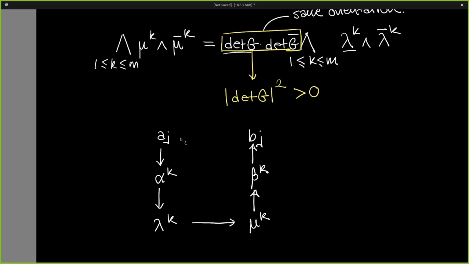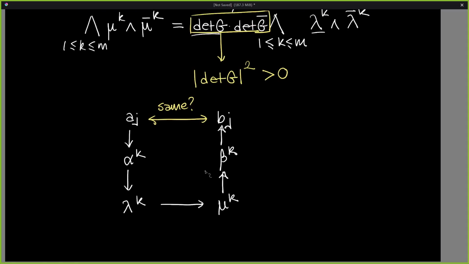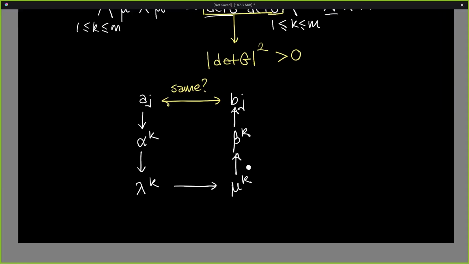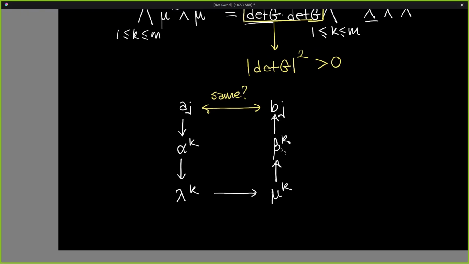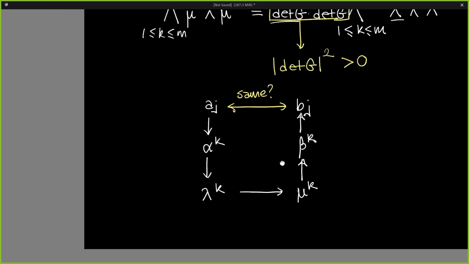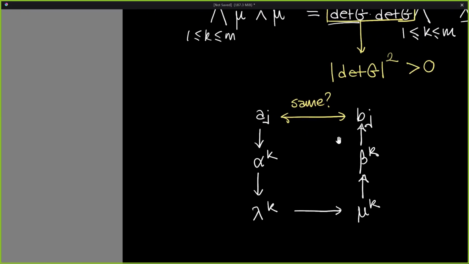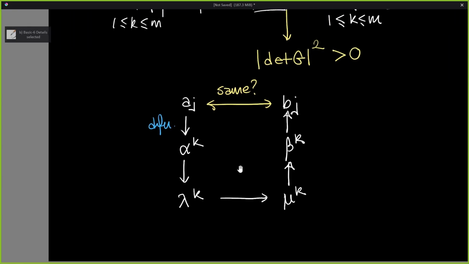We wanted to know if these are the same orientation. But we can't compare them directly. So we're going along this chain of more complicated but more computable orientations. So these are the same because of definition. So let me just say definitionally, these are the same.